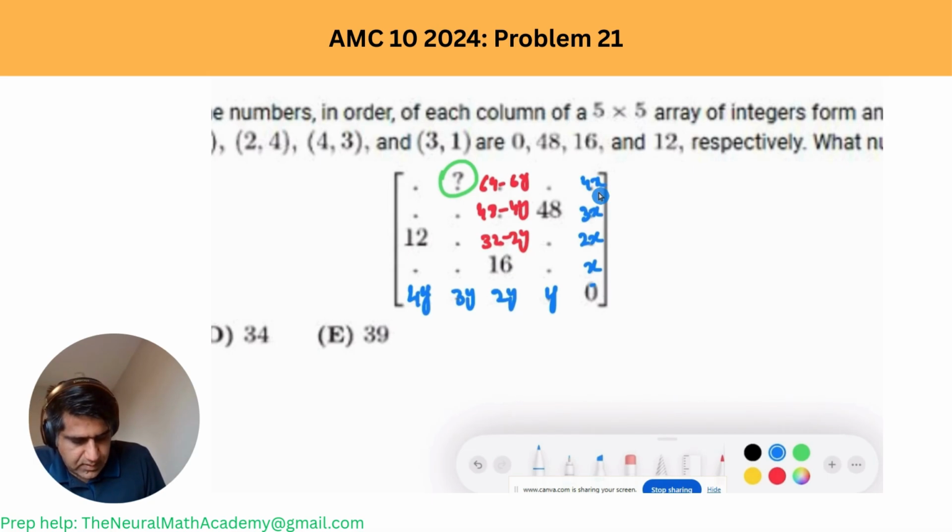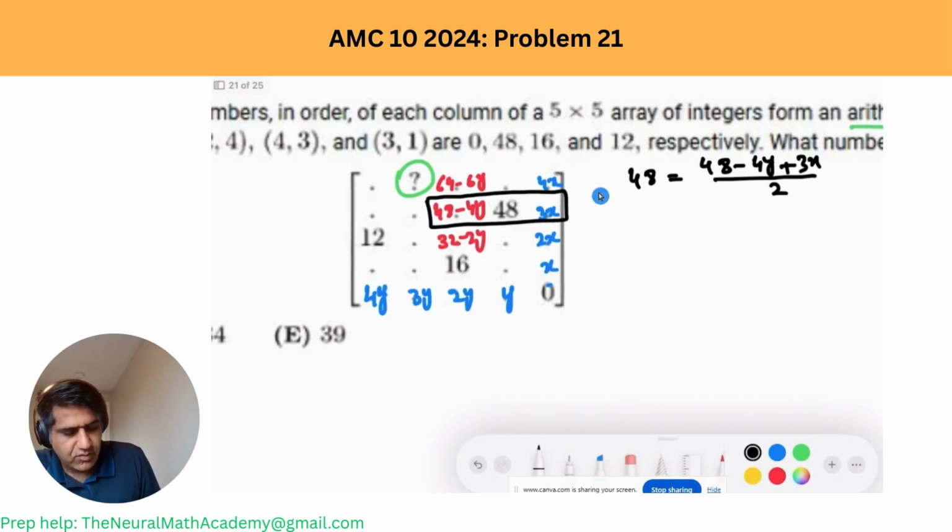So I can first establish one equation based on this. I can write 48 equal to 48 minus 4y plus 3x over 2.